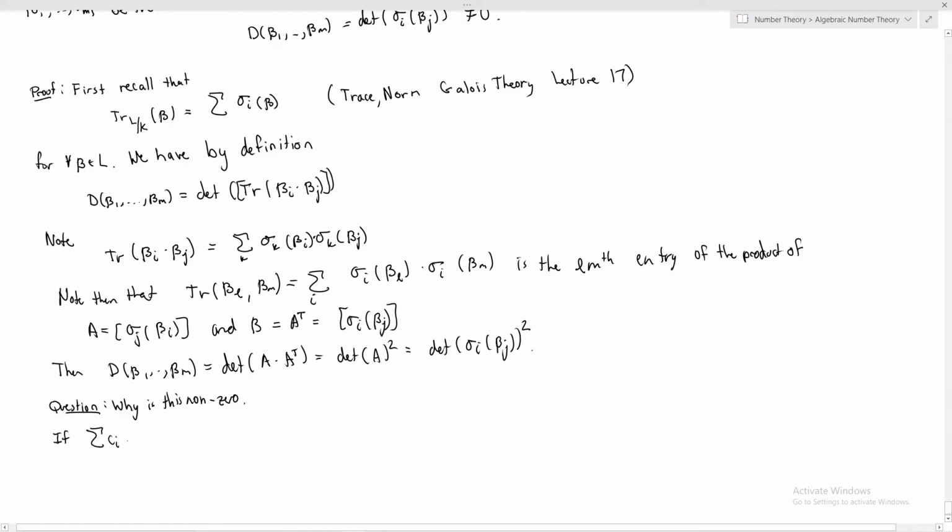So it suffices to show the columns of matrix B, sigma 1 beta j through sigma m beta j, are linearly independent. Maybe the i and the j should be swapped, but it doesn't matter.